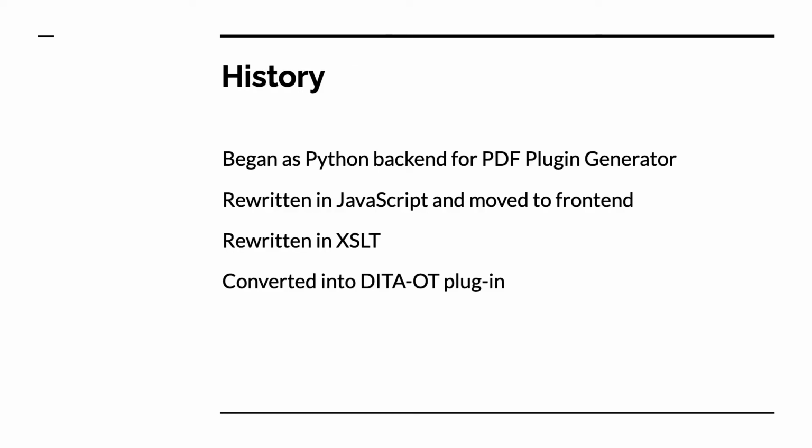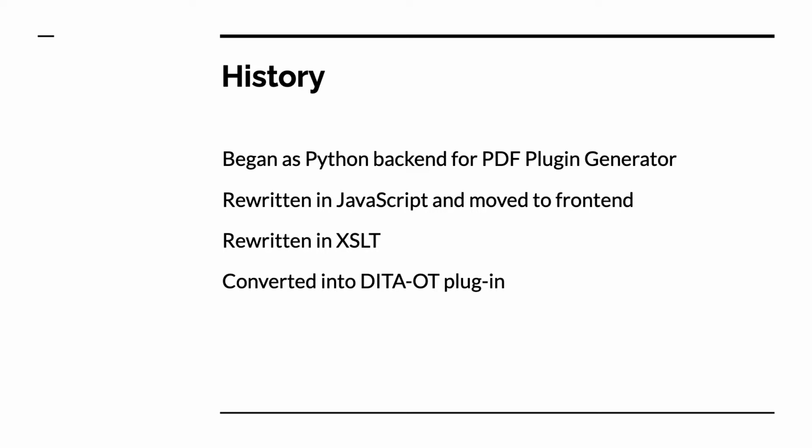So some history about this whole theme project. All of this started as a Python backend to a PDF plugin generator. It's sort of a website where you can toggle inputs and it will generate a plugin for you. That was years ago.